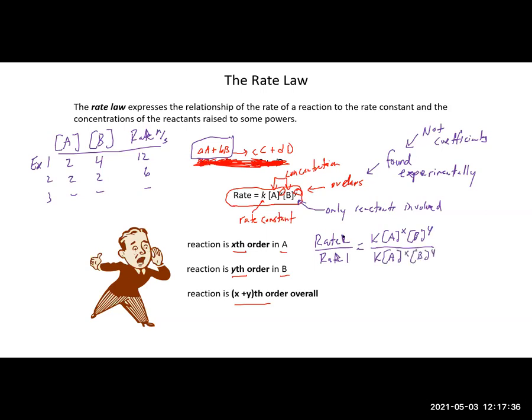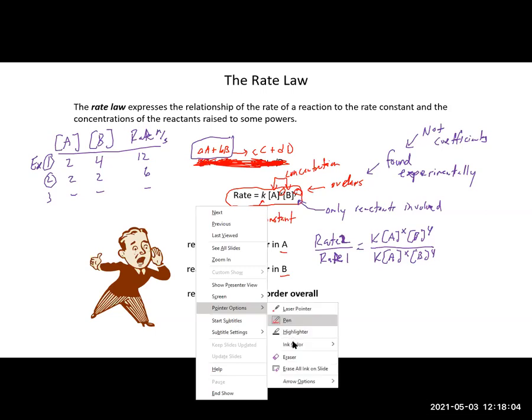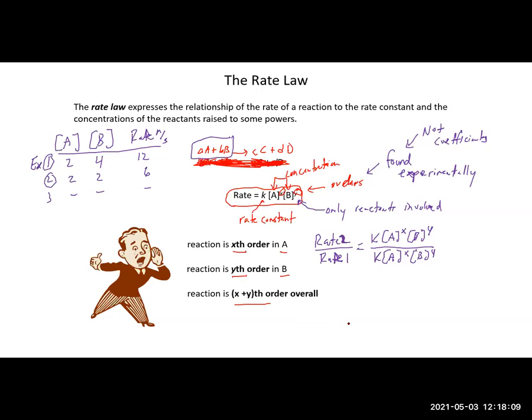So first off, let me just talk about a couple of these things here. When we talk about rate 1 and rate 2, we're not necessarily meaning that you go to the table and find entry number 1 and entry number 2. It just means that you need to find 2 entries in the table. What you're looking for is 2 entries where one keeps the concentration of one of the reactants constant while it varies the other.